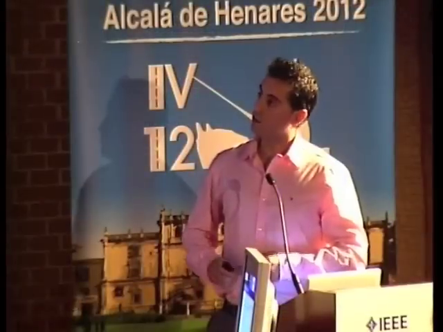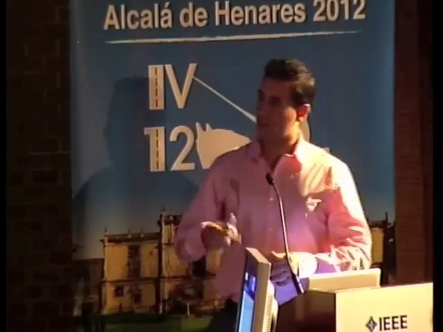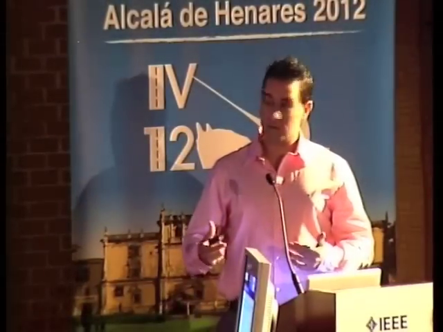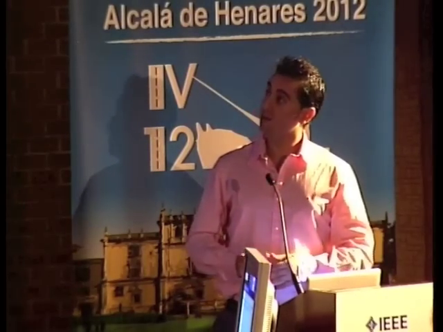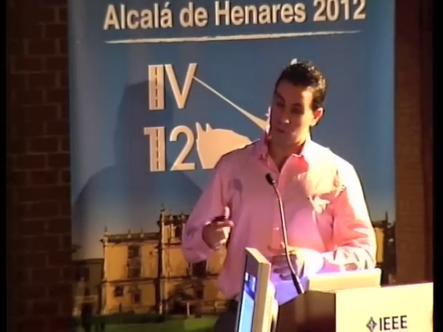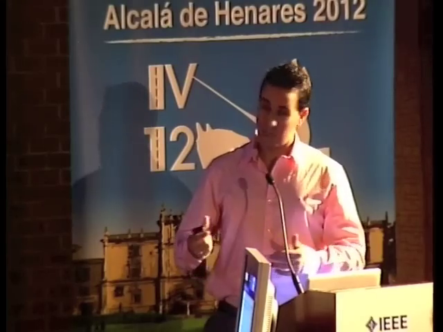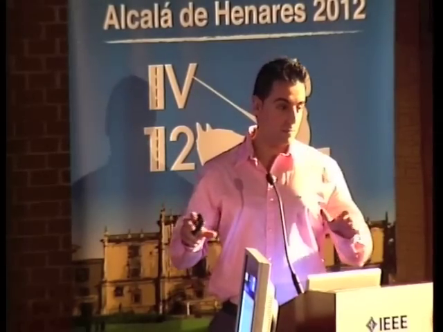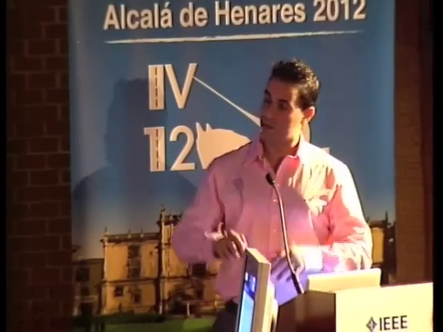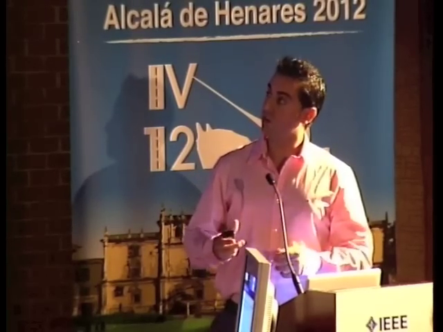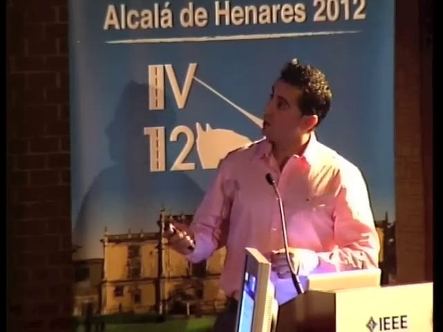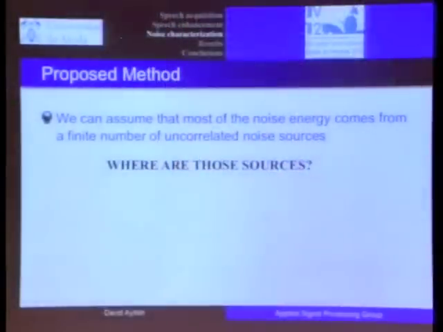So what we propose is that the noise field inside a car is not coming from an infinite number of sources with the same energy, but we can assume that most of the noise energy is coming from several points around the contour of the vehicle. I mean, we have a finite number of uncorrelated noise sources, and we want to find where they are.